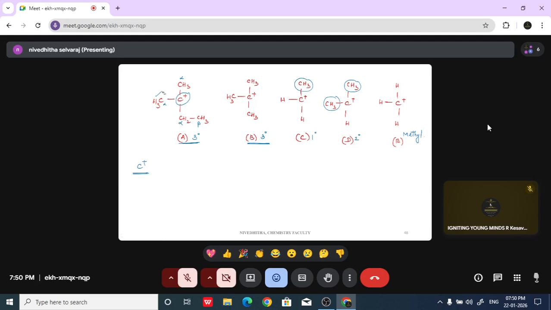Could you please tell me how many alpha hydrogens are there? 6. Here we have 3 alpha hydrogens. Here also we have 3 alpha hydrogens. And here we have 2 alpha hydrogens. So how many alpha hydrogens do we have? 8. Very good. Here we have 8 alpha hydrogens. And the second one?